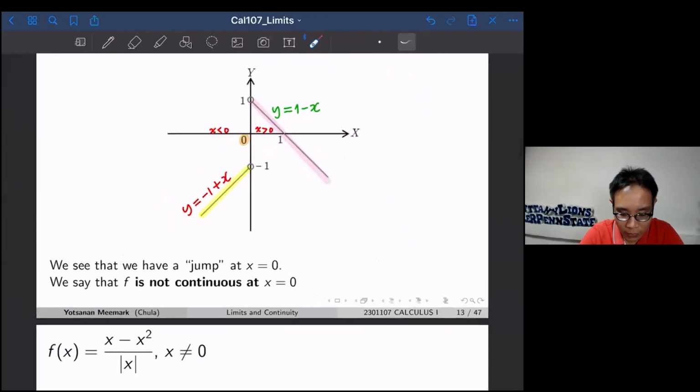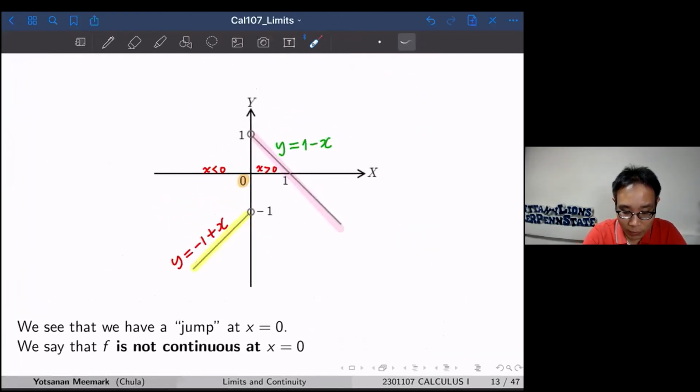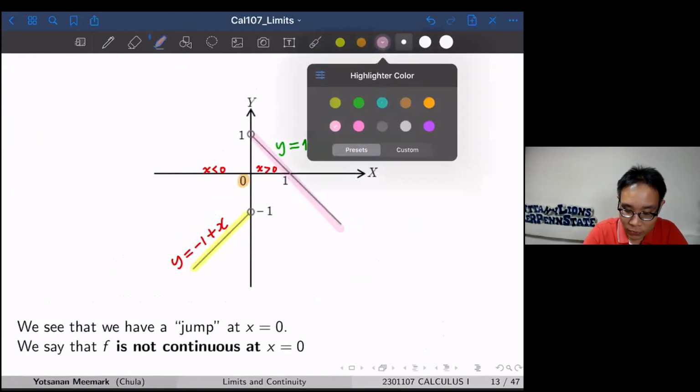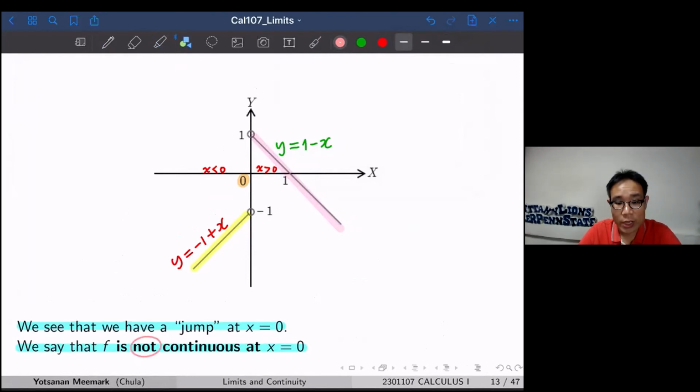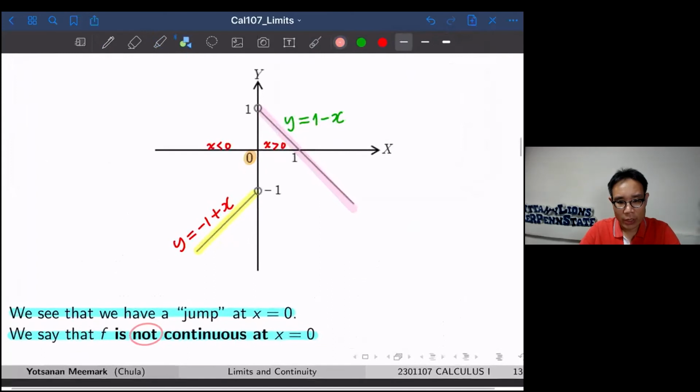The jump allows us to conclude that the function is not continuous at x equal to 0. I will emphasize the word not. So it is not continuous at x equal to 0. This is the concept of the first example.